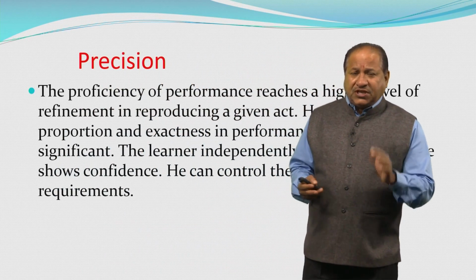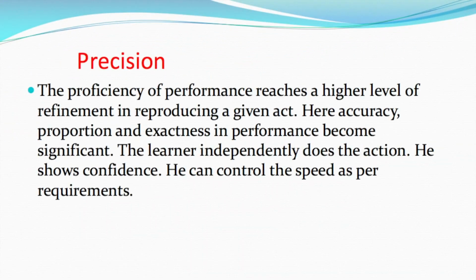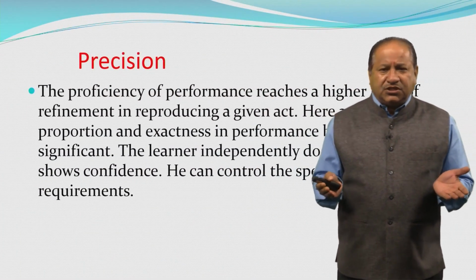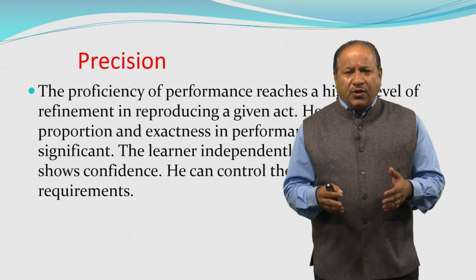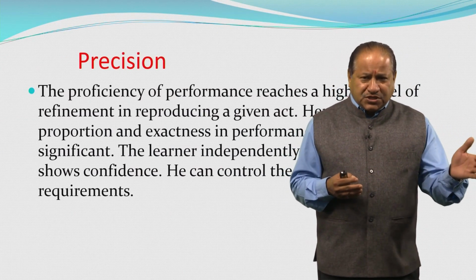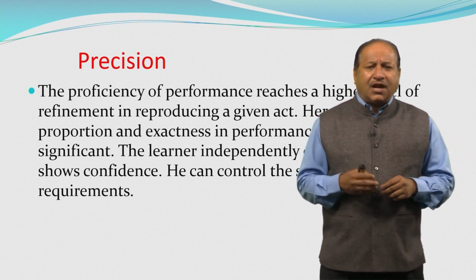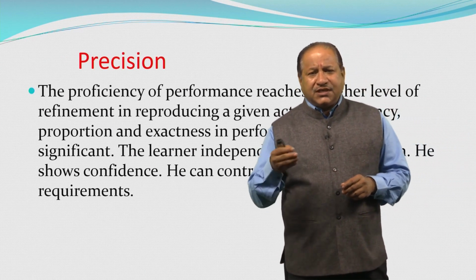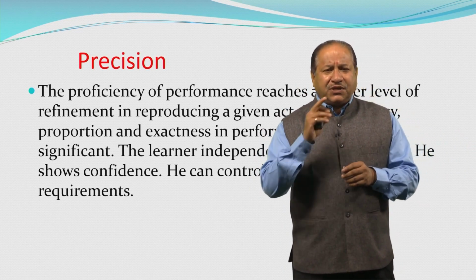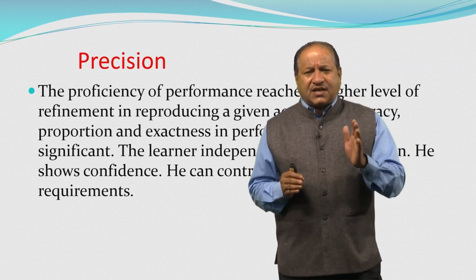This is the third stage. In this stage, the proficiency of performance reaches a higher level of refinement in the reproduction of a given act. After imitation, and the pattern being set in the second stage, in precision a lot of mistakes are avoided.